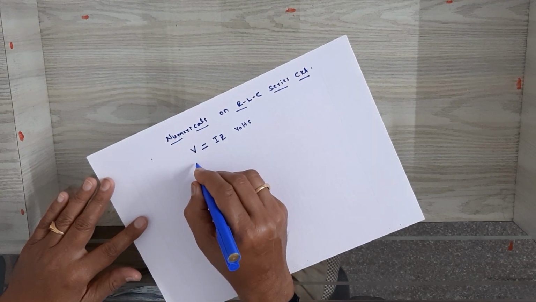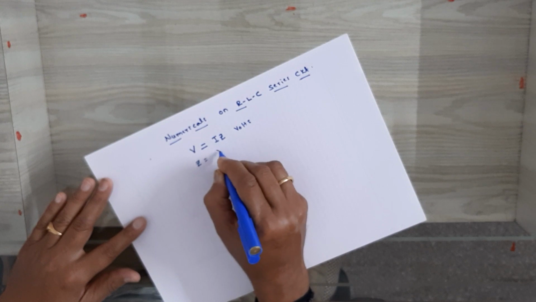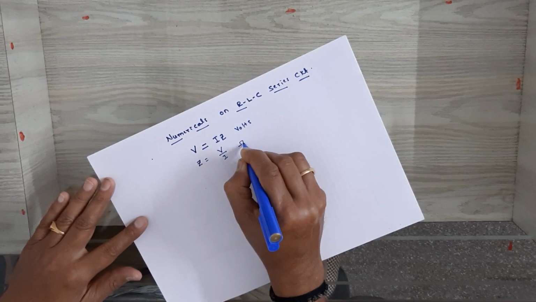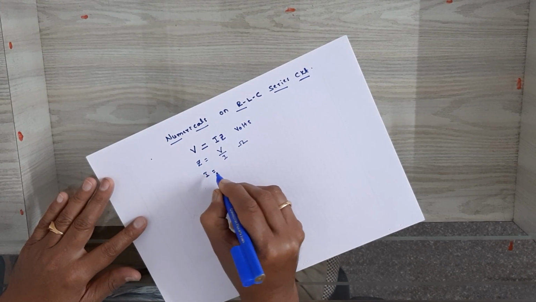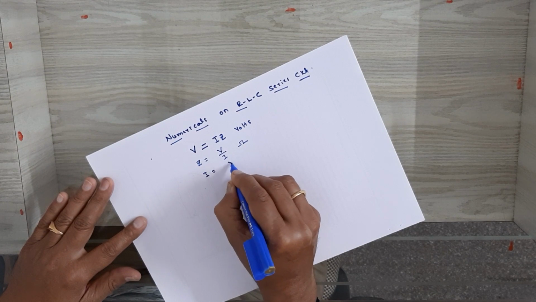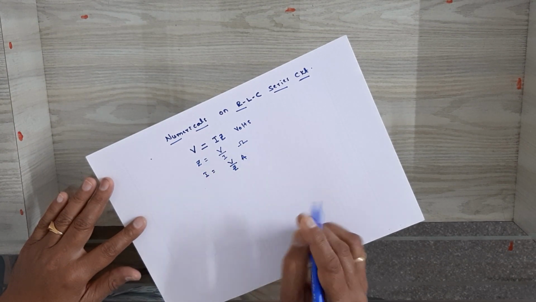Or in other words, if you want to calculate Z, Z is equal to the ratio of voltage by current, so many ohms. Or if you want to calculate the current, I is equal to V by Z amperes.